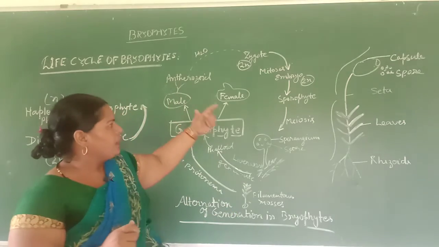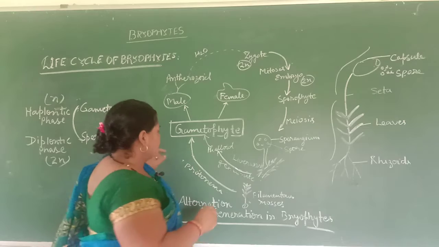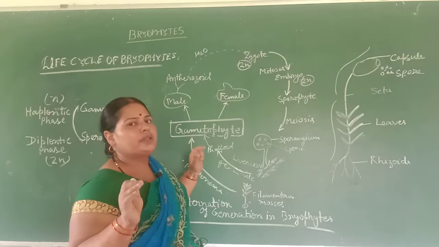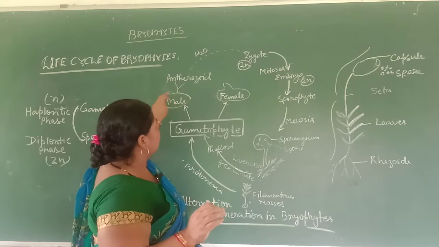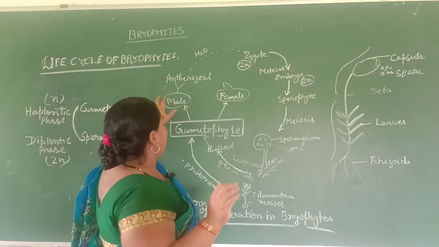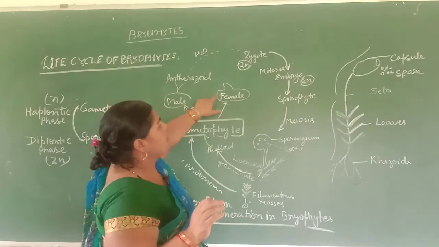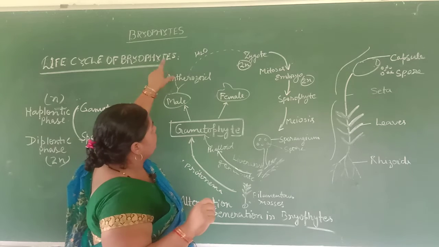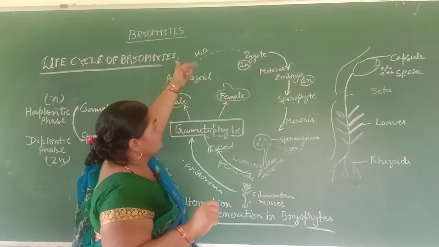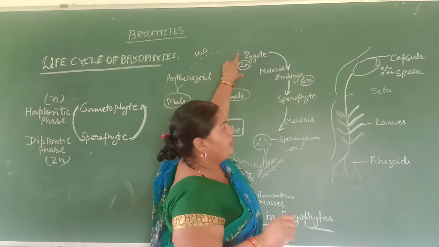First of all, the plant is the gametophyte, and the gametophytic plant produces male and female gametes. The male gamete has flagella, and this is the female archegonium-like structure. The male gamete, with the help of water, goes to the female.